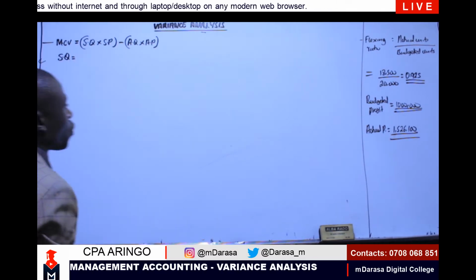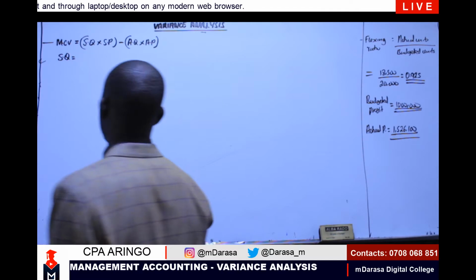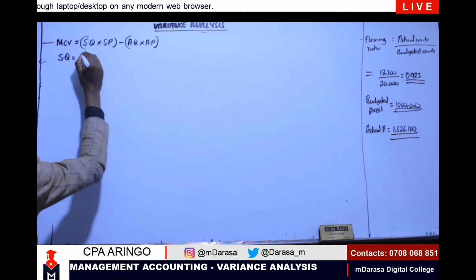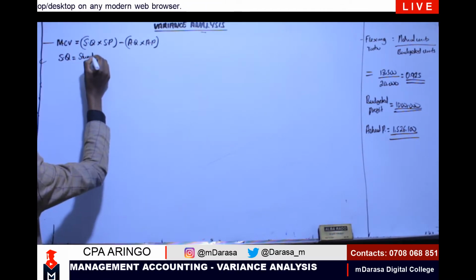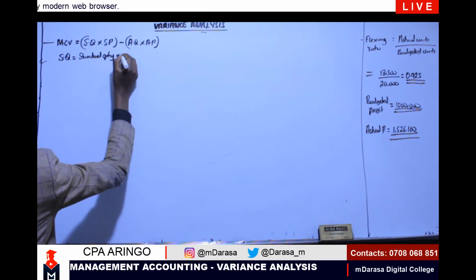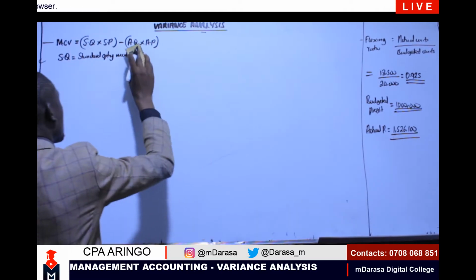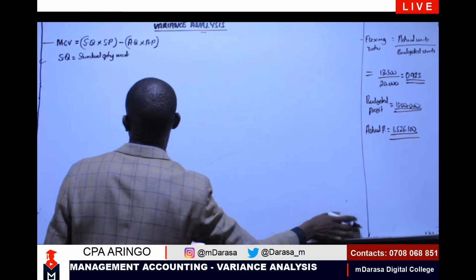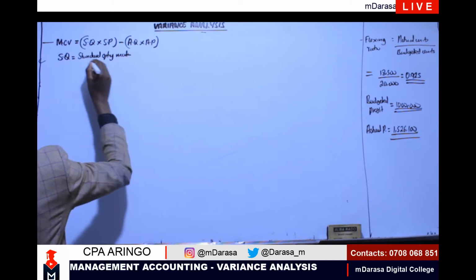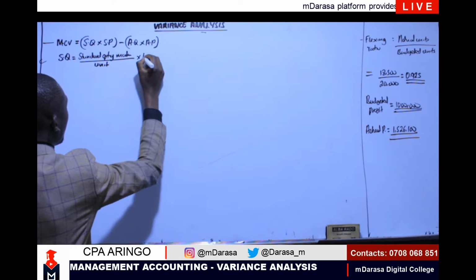At no given point will you ever be given your standard quantity. And to determine our standard quantity, if you can recall, my good students, we normally talk of the standard quantity of the material per unit times our actual units.